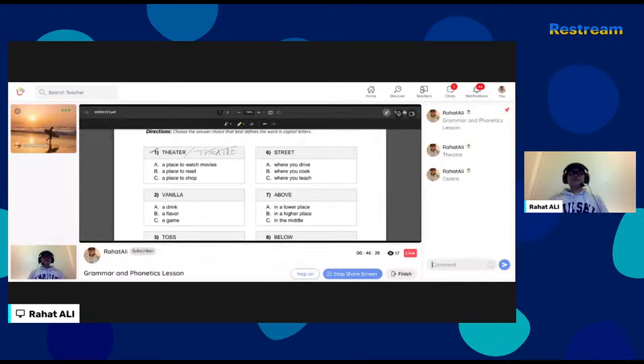Okay. So if you want to make a statement or positive sentence with this word theater in present tense, how can you say that? Today, now I'm going to the theater. So you have made a present continuous sentence. Now I'm going to the theater. Okay. If you want to make it present simple or present indefinite, how can you write it?